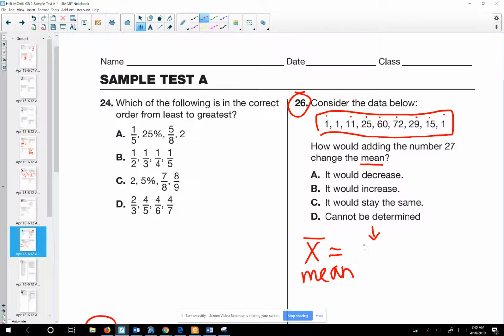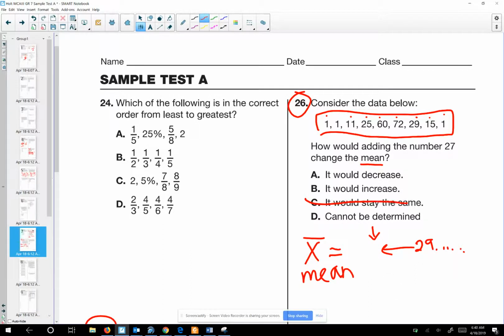If this number is smaller than 27, when you add a 10th value that's bigger, it's going to pull the average or the mean up. If the mean is already bigger than 27, okay, so let's say this. If your average was something like 29 point blah, blah, blah, and you added 27 in there, it's going to pull it down.